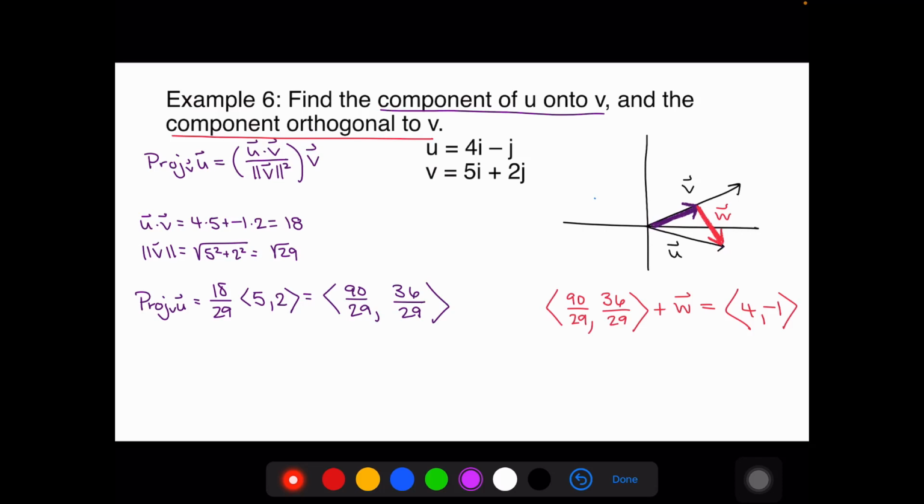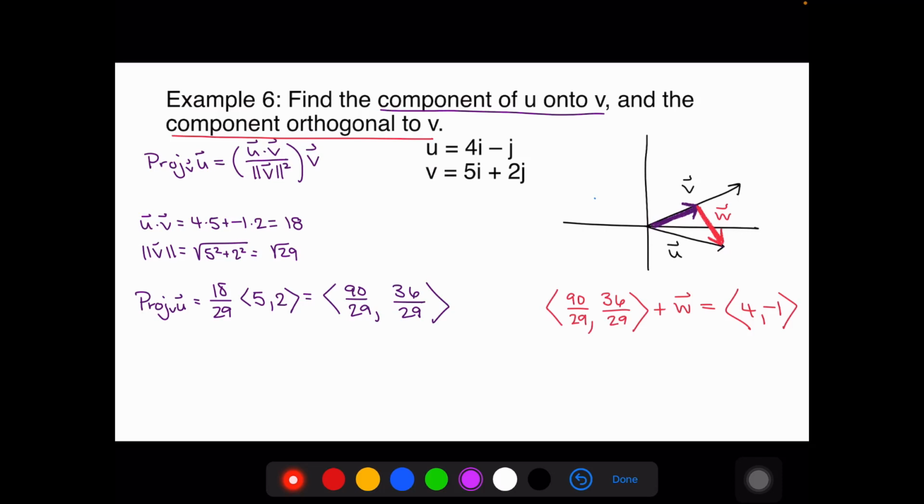And so looking at my picture, one thing I notice is if I take the purple arrow plus the red arrow, it should add up and give me vector u. If I take my component parallel to v plus my component perpendicular to v, they should add up and give me u.